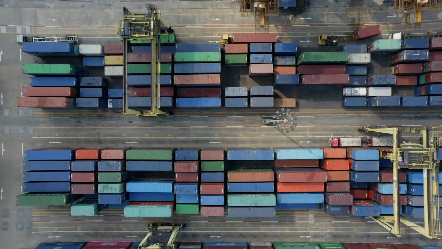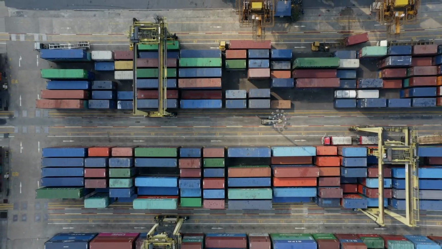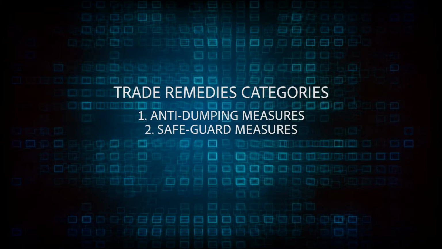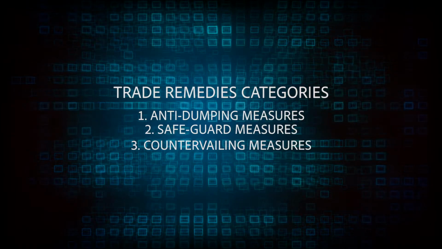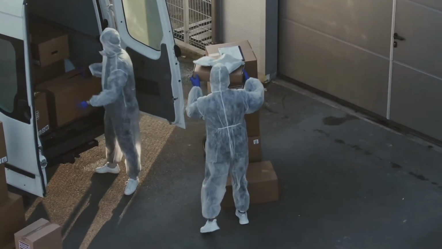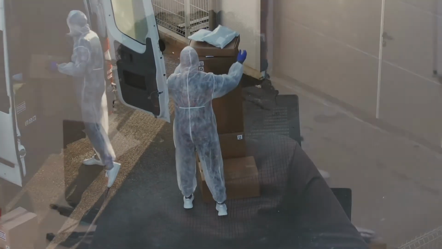Trade remedies are categorized into three. We have anti-dumping measures, we have safeguard measures, and countervailing measures. With anti-dumping and countervailing measures, we look at the imports that are negatively affecting the local industry. There will be a sudden surge of imports that injures the local industry.